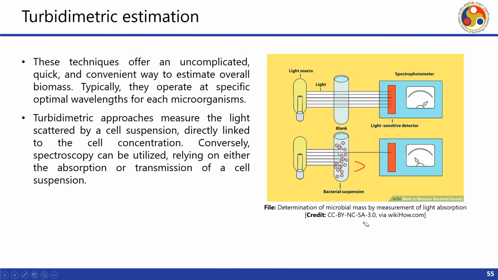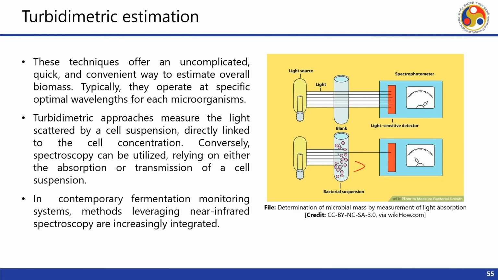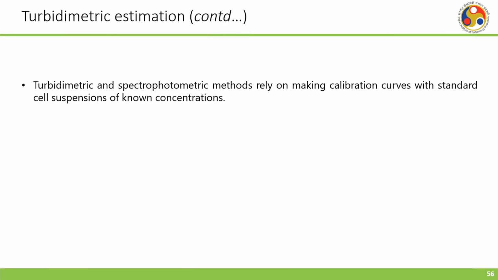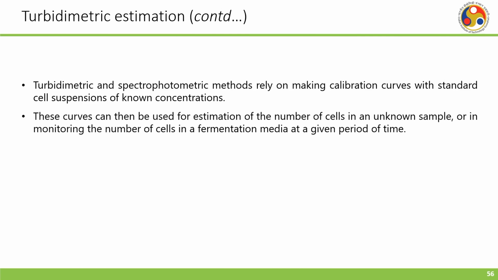Conversely, spectroscopy can be utilized relying on either the absorption or transmission of a cell suspension. In contemporary fermentation monitoring systems, methods leveraging near infrared spectroscopy are increasingly used. Turbidimetric and spectrophotometric methods rely on making calibration curves with standard cell suspensions of known concentrations.